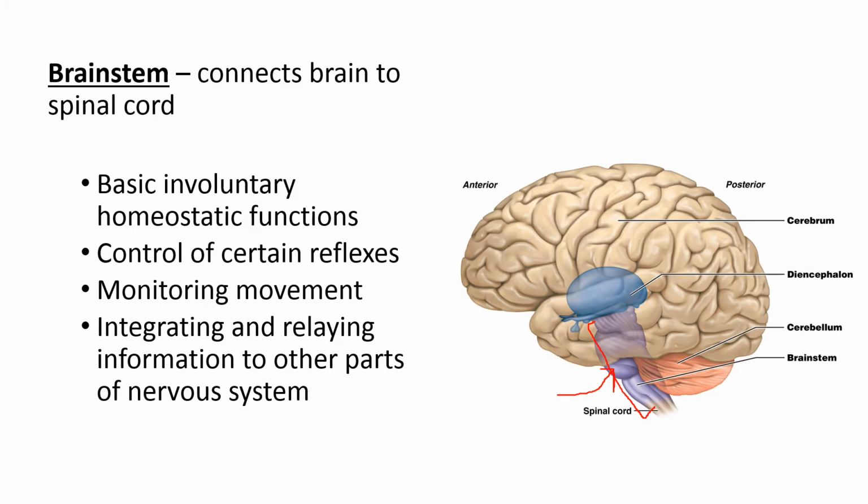It monitors movement, which is really not a surprise because it's so close to the cerebellum here. Information that's coming from parts of the cerebrum that are involved in planning and executing movement has to go through the brainstem to get to the rest of the body. So this is not really a surprise. You also have integrating and relaying information as a function of this part of the brain as well.